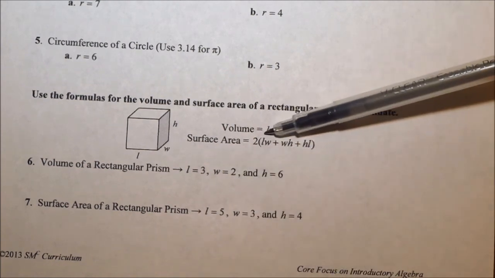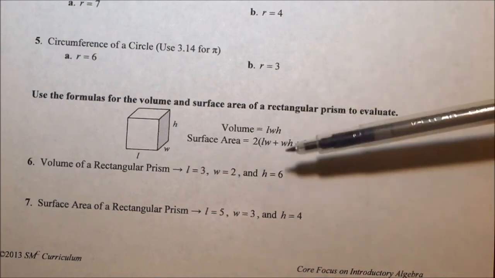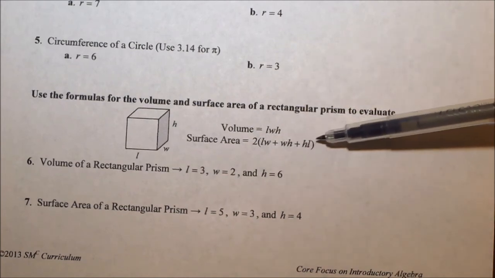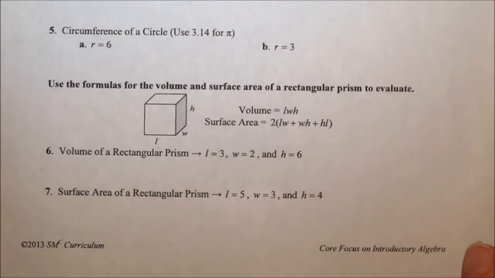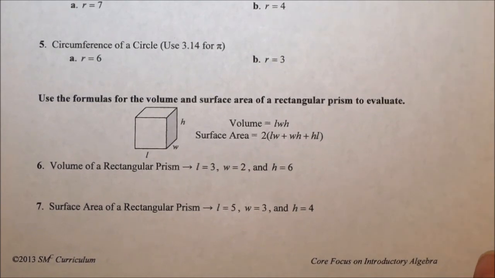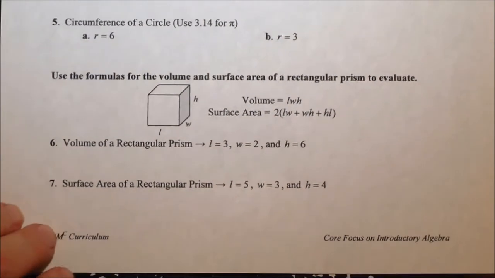You're just going to multiply whatever they tell you for length and width, then add that to whatever they tell you for width and height, multiply them, and so on and so on. So you'll just need to take it one step at a time, using your notes for the order in which we do things. All right, so that's your worksheet for lesson 2.3.